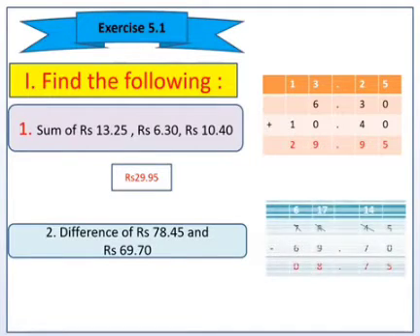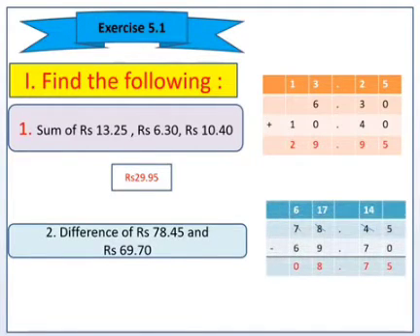5 minus 0 is 5. 4 minus 7. It's not possible, right? Let us move on to next and borrow 1 from 8. So it becomes 14. 14 minus 7 is 7. Place the decimal point as it is. Now we have 7.